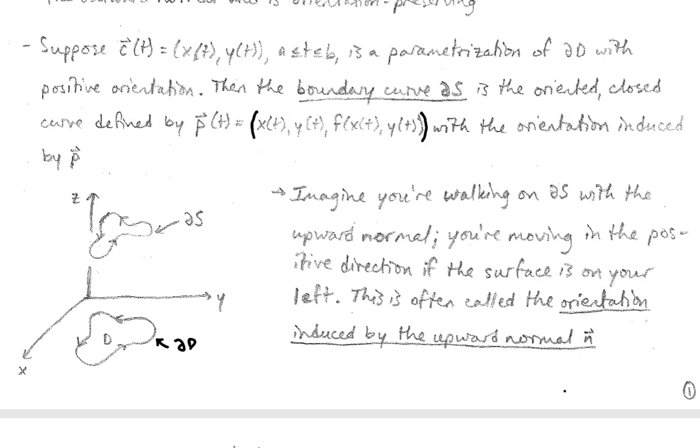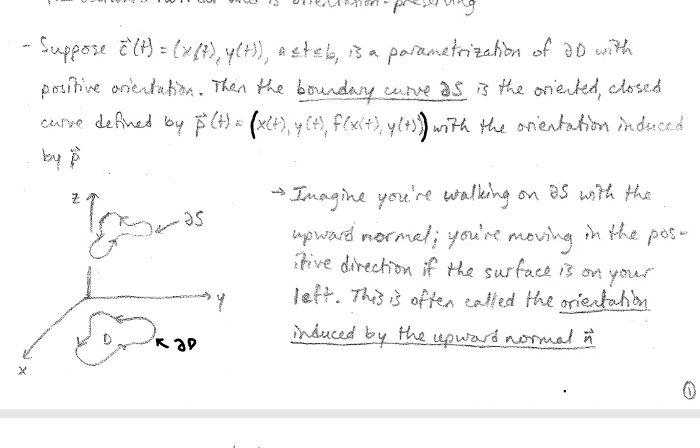This is the orientation induced by the upward normal n hat. This is the standard convention that we're going to work with. So unless the question specifies otherwise, you can assume counterclockwise orientation and upward pointing unit normal vector to our surface.